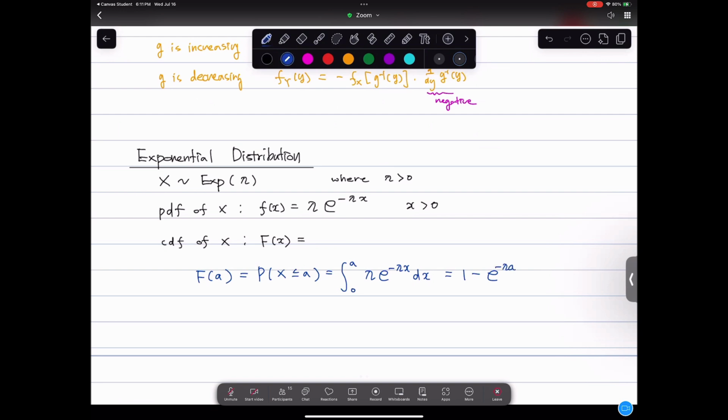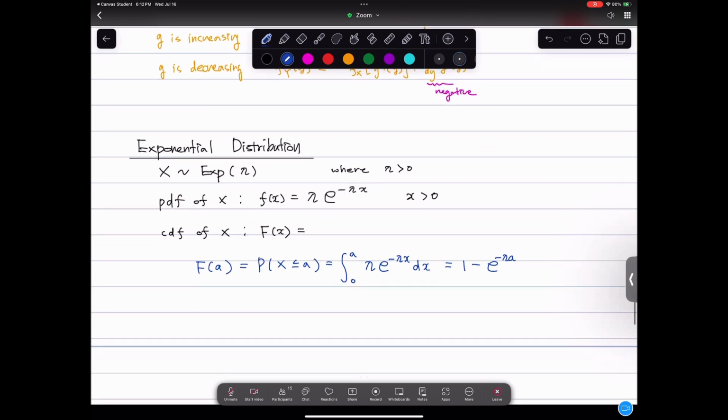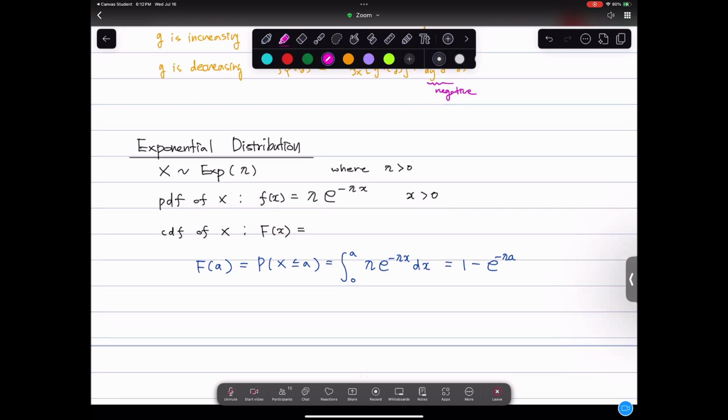It comes up pretty often, so I just want to make use of it. So I don't have to do this integration every single time. If I want X less than or equal to a, then you integrate from 0 to a, and you end up with 1 minus e to the power of negative lambda times a. So we can make the formula out of this: the CDF is 1 minus e to the power of negative lambda times x.